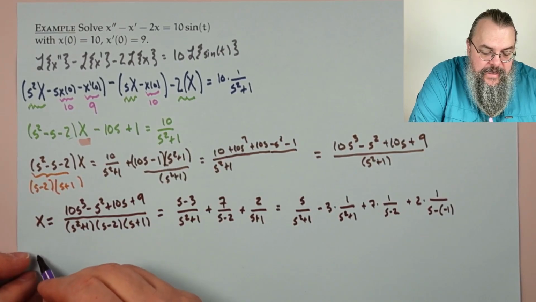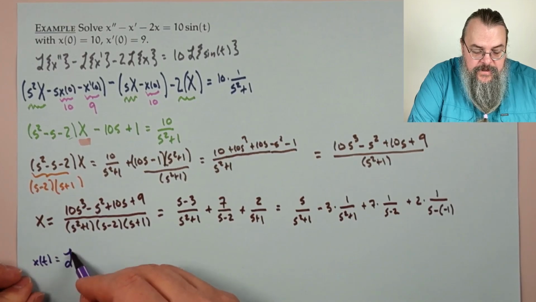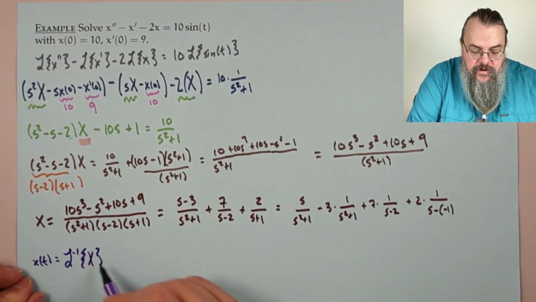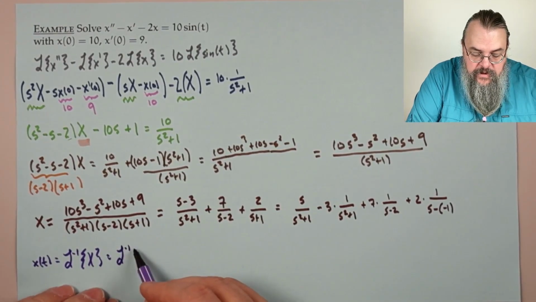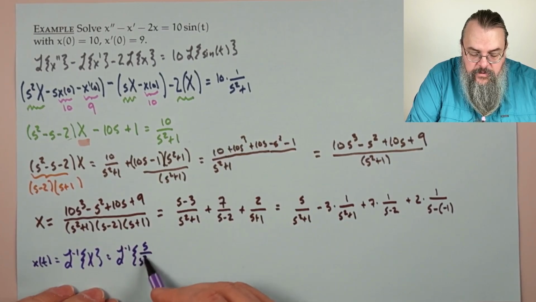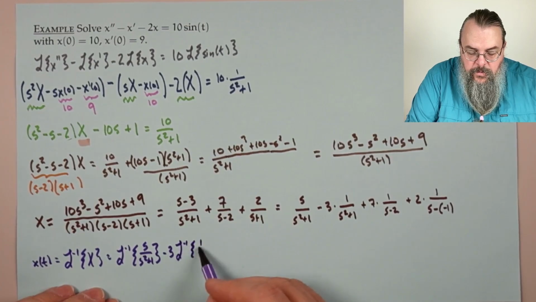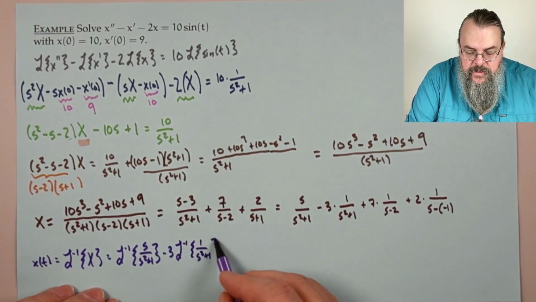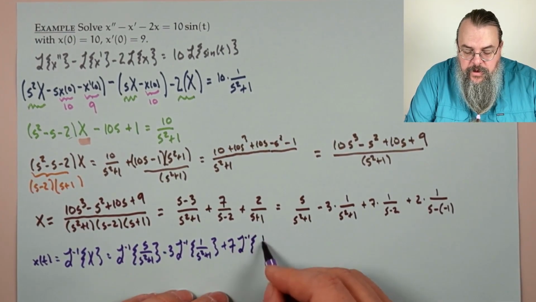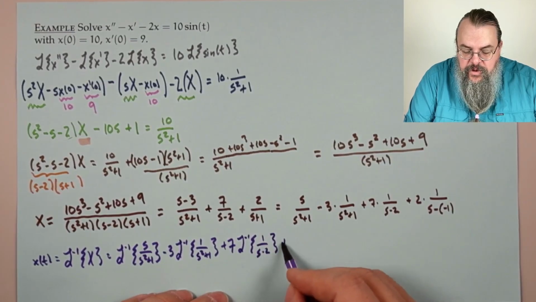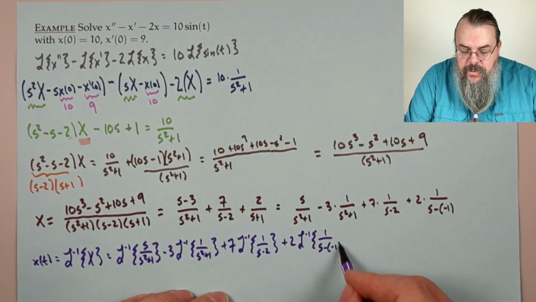We can say that little x of t, which is what we're after, is the inverse Laplace of big X. Well, that is the inverse Laplace of s over (s squared plus 1), minus 3 times the inverse Laplace of 1 over (s squared plus 1), plus 7 times the inverse Laplace of 1 over (s minus 2), plus 2 times the inverse Laplace of 1 over (s minus minus 1).